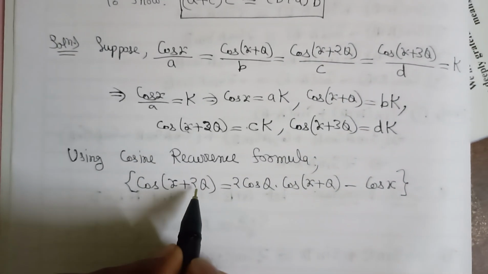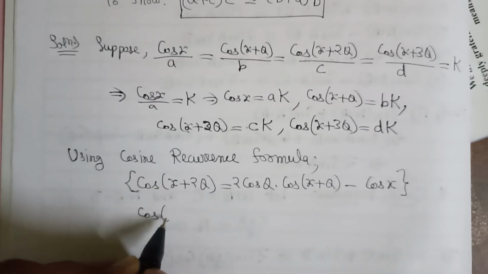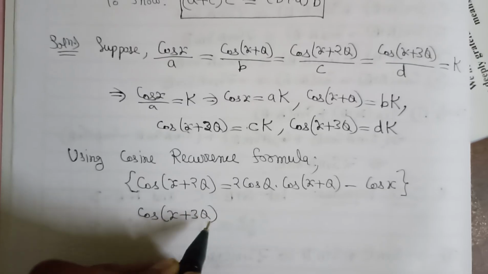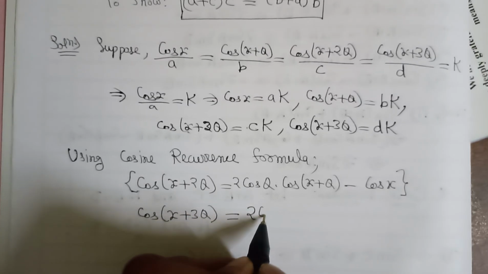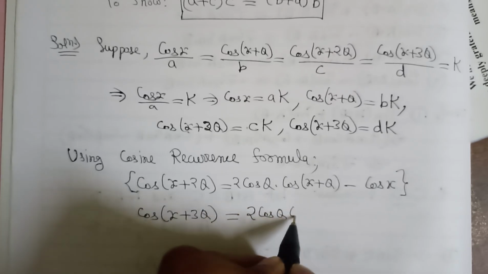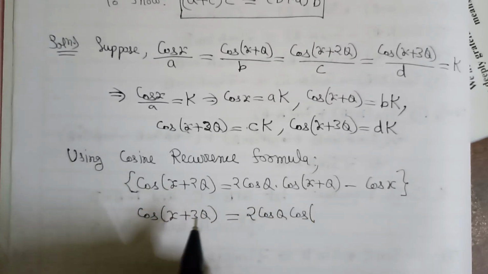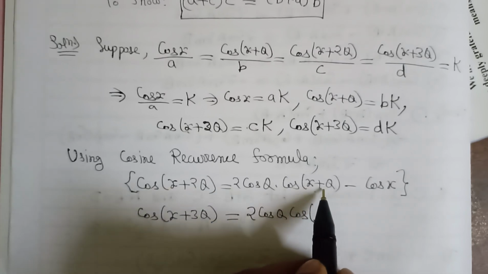So if I replace this 2 theta by 3 theta, cos (x plus 3 theta), then this value will be equal to what? This value will be equal to 2 cos theta into cos, see, when you have x plus 2 theta, so here you have x plus theta.